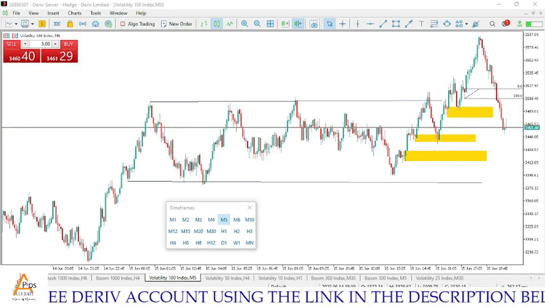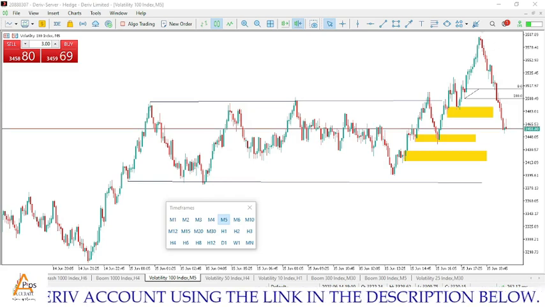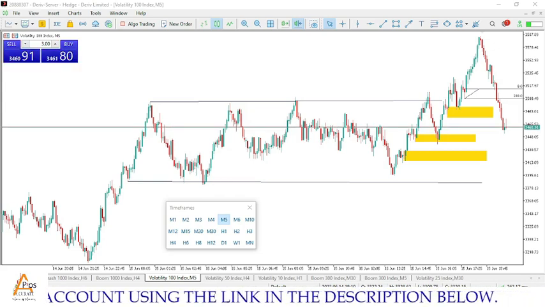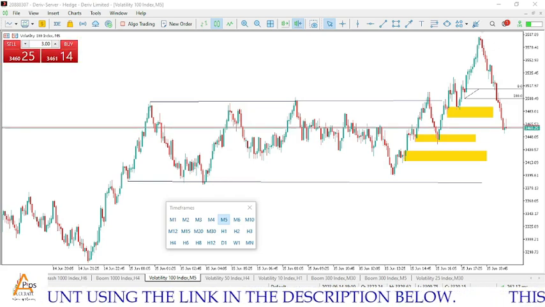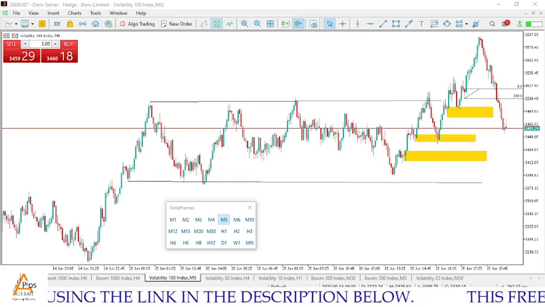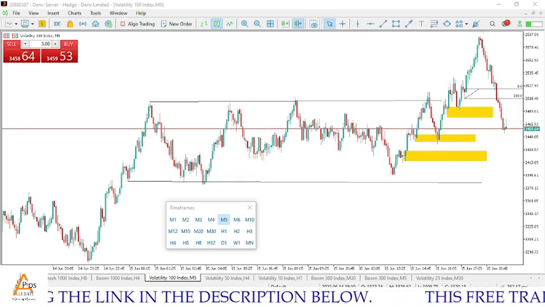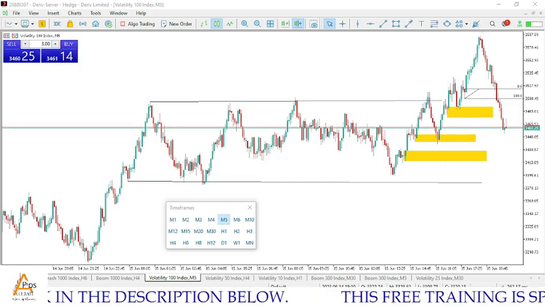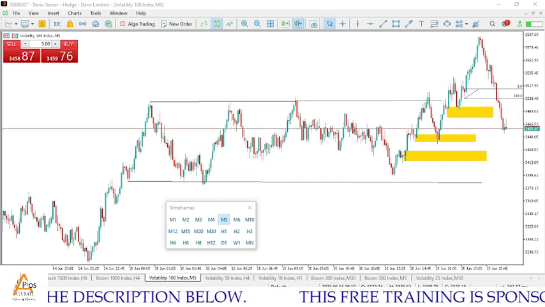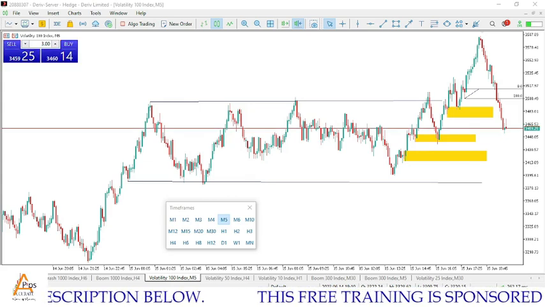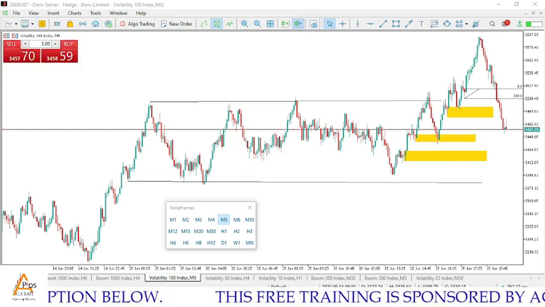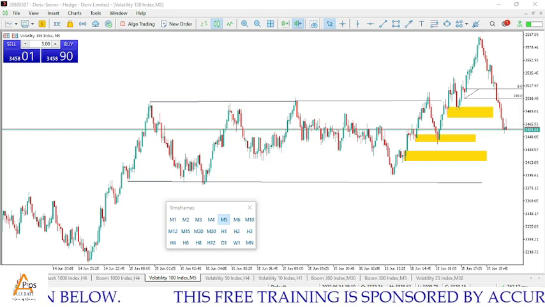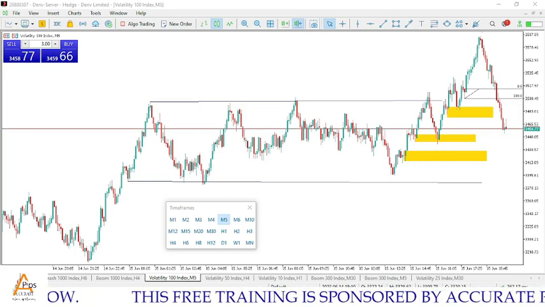When it comes to indices, we calculate them in points. We calculate currencies in pips. Synthetics are also calculated in points. Though people are used to saying pips, points is correct.